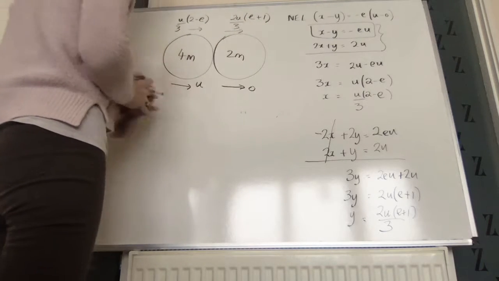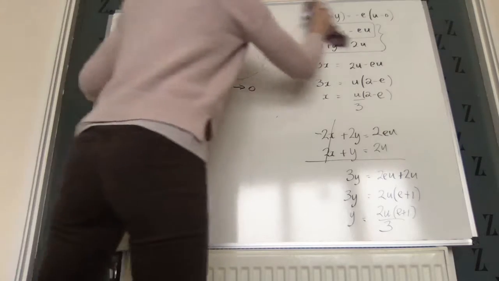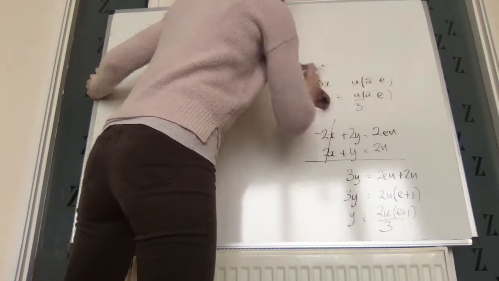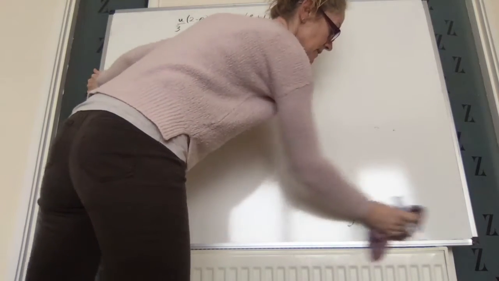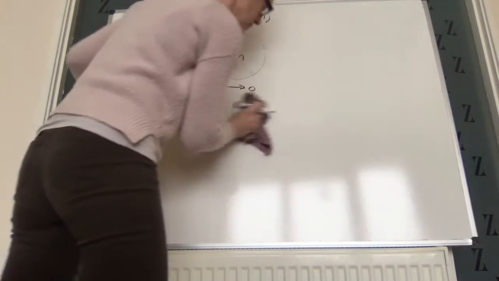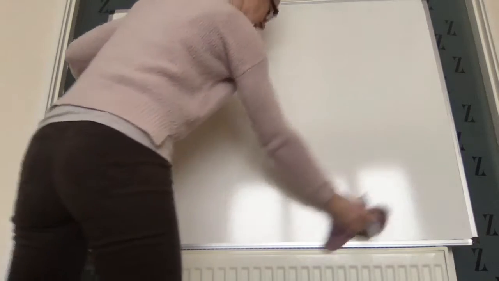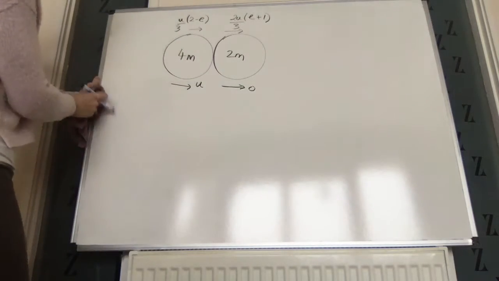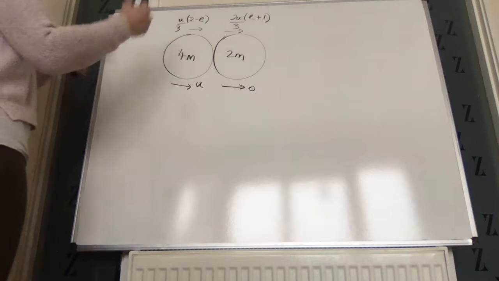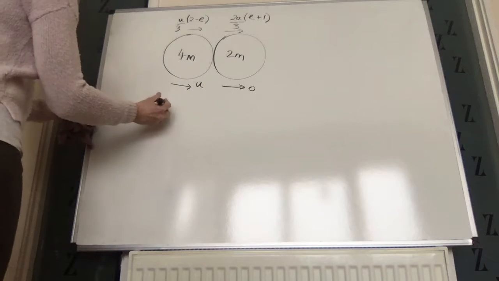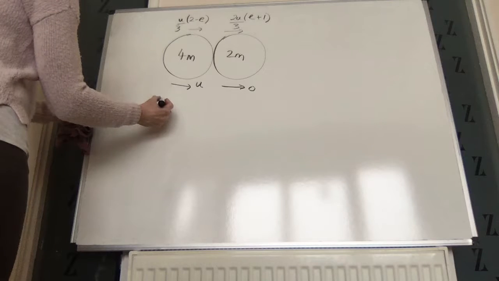The loss in kinetic energy is the kinetic energy before minus the kinetic energy afterwards. It's important to note energy is lost in the collision. Momentum is conserved, but energy is lost as sound and heat in the collision.